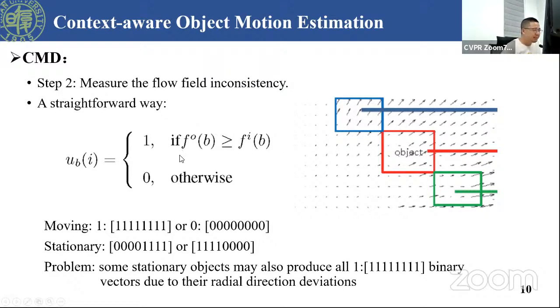But using this method, for a moving object or stationary objects, we will produce all 1, all 0, or half 1, half 0 binary vectors. This will cause a problem: some stationary objects may also produce all 1 binary vectors due to their reduced direction deviations.